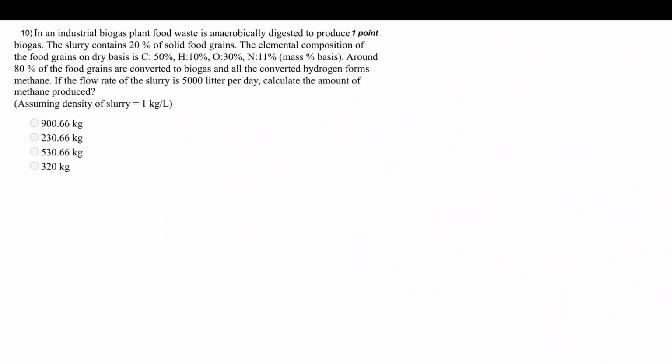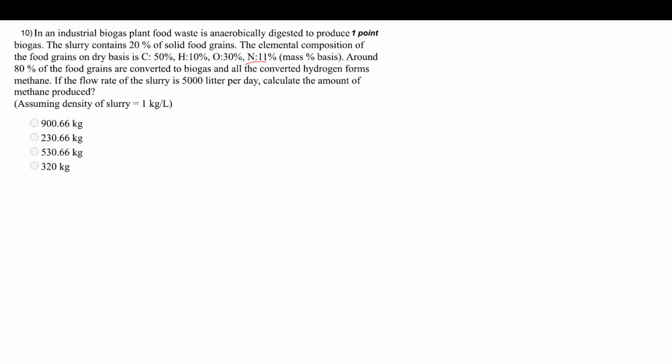Okay, so there is one more numerical. In an industrial biogas plant, food waste is anaerobically digested to produce biogas. The slurry contains 20% of solid food grains, and the elemental composition of food grains on dry basis is C is 50%, H is 10%, oxygen is 30%, nitrogen is 11% on mass percent basis, and around 80% of the food grains are converted to biogas, and all the converted hydrogen forms methane.